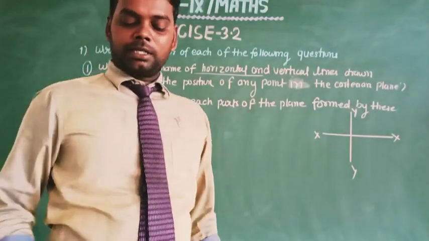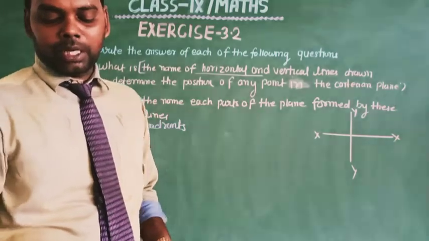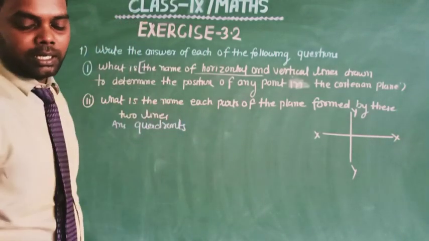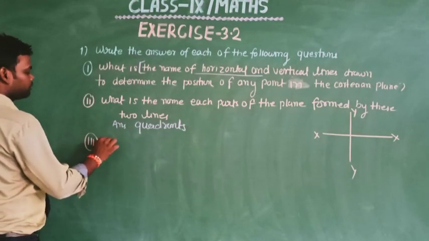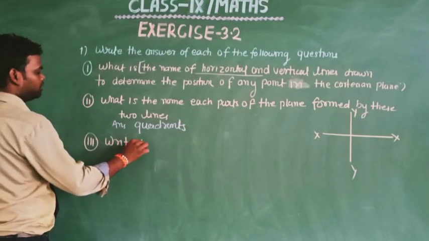Next, the third part is: write the name of the point where these two lines intersect.